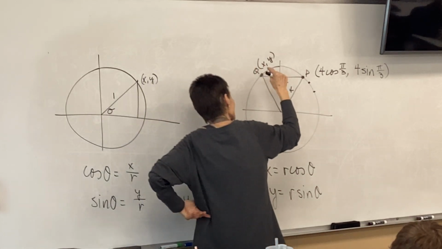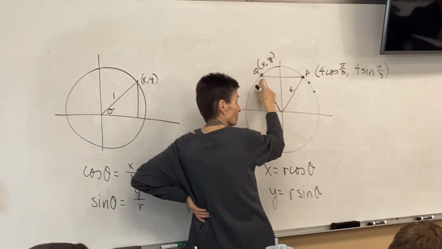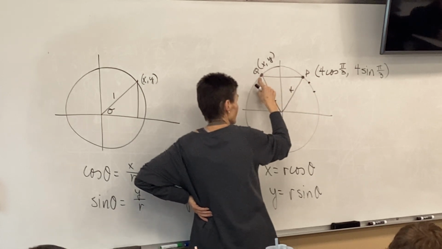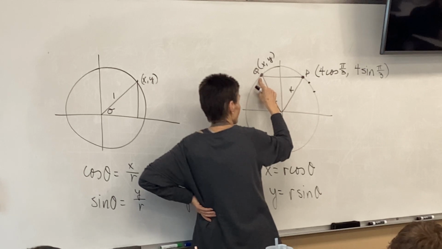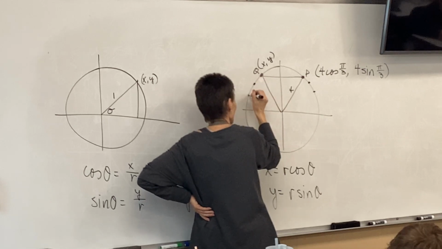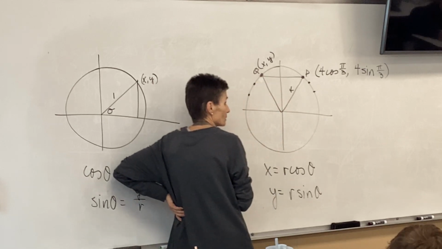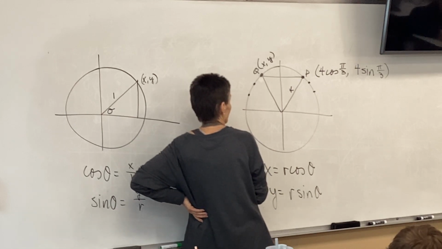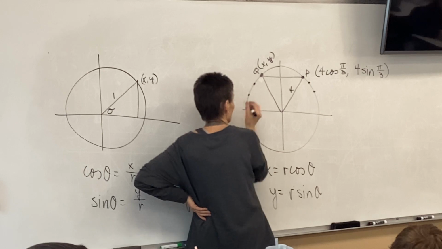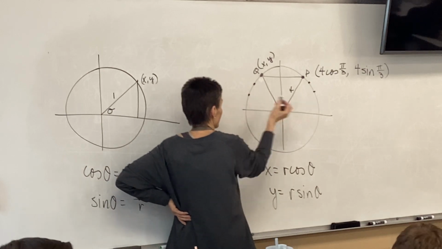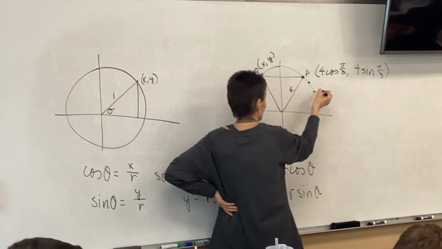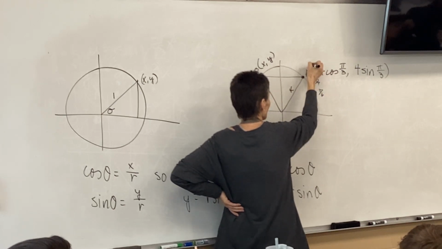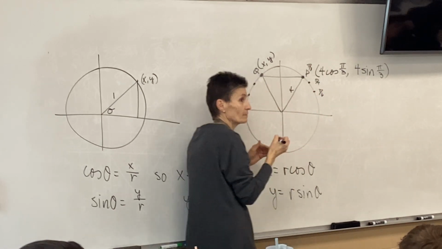So now we're going to reflect that directly across the y-axis. So what is that angle? No, it's not negative. This angle isn't negative. Okay, so keep in mind that. Now remember, this one is pi over 6, this one's pi over 4, and this one's pi over 3, right?